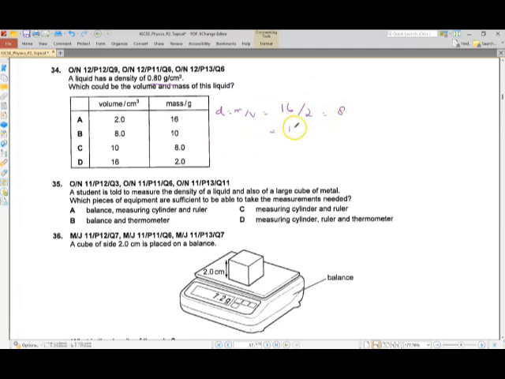Second option is mass is 10, whereas the volume is 8. So 10 divided by 8 is going to give you 1.25, which is also not the answer. So the third option, mass is 8 and the volume is 10. So this is going to give us an answer of 0.8 g/cm³. So C is going to be the correct option.